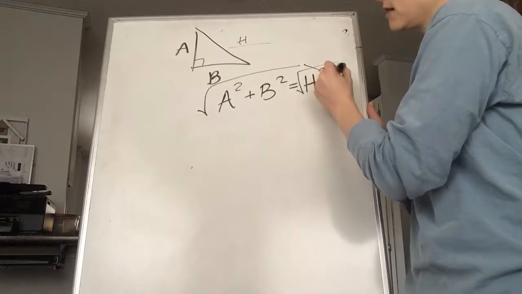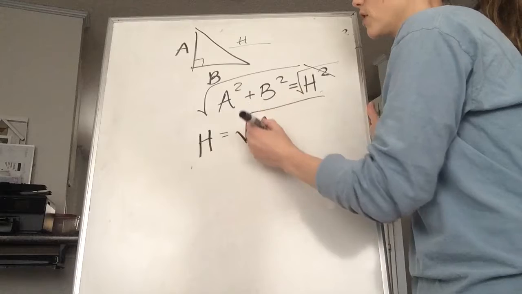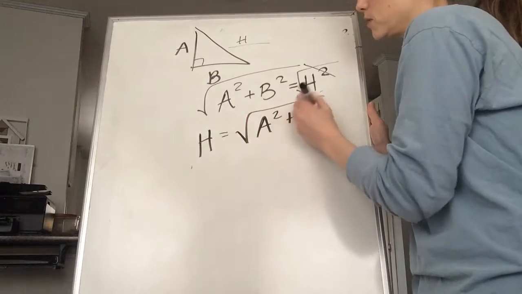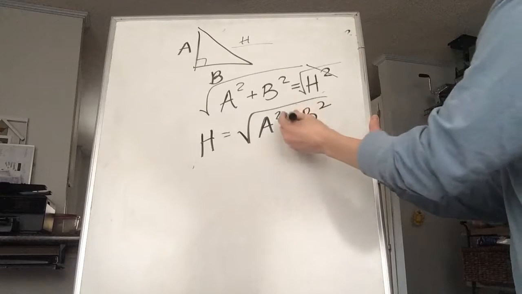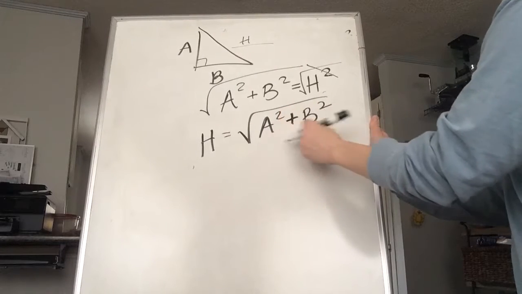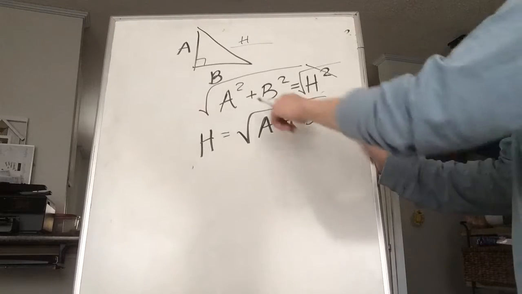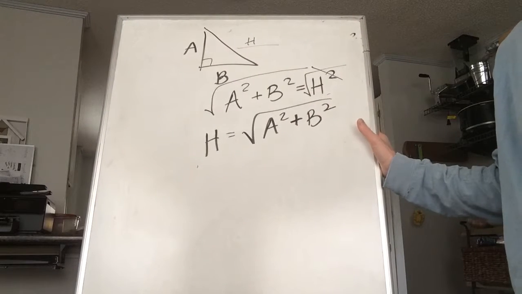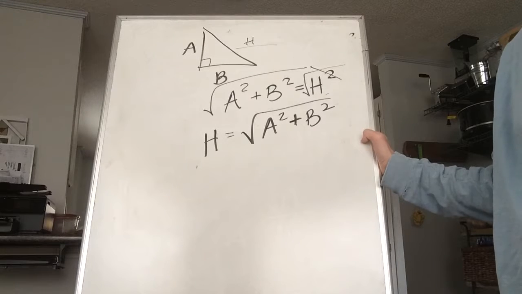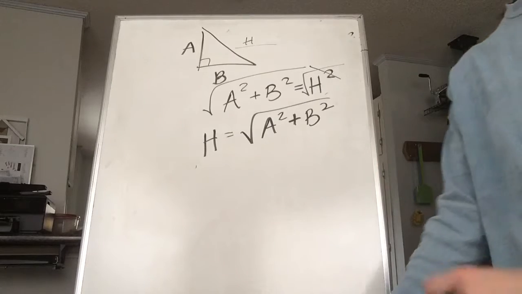So that cancels out there, and you're left with hypotenuse is equal to the square root of A squared plus B squared. The reason you can't simplify any further is because it's being added together. We don't know the number values, so we just have to leave it as this. We can't say that that cancels out and that cancels out and we have A plus B. We have to leave it like this until we know further values to plug in. So the answer would be C for number 4.